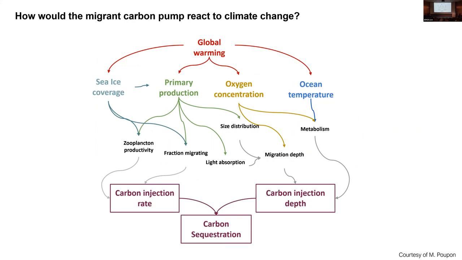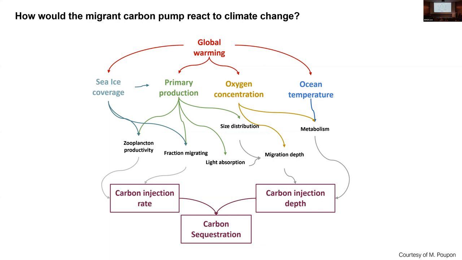So Mathieu ran this global warming experiment in his idealized model. And here, what we can't do is look at the sea ice coverage. Because this simulation is only of the North Atlantic, we're not really going to be able to look at the contribution of oxygen.